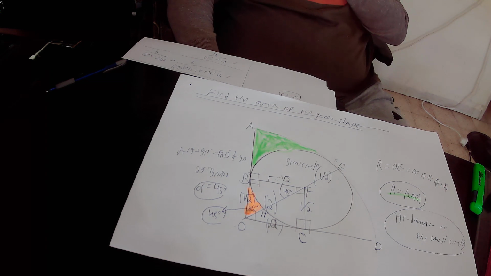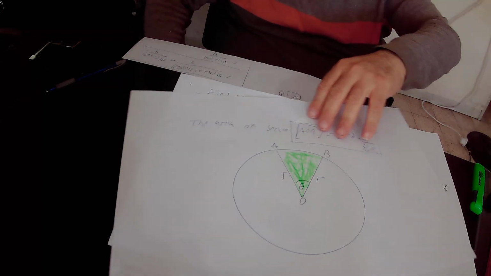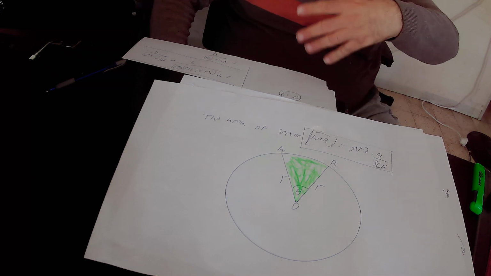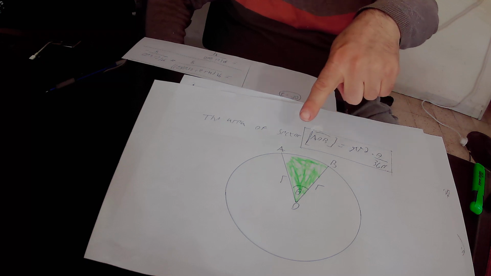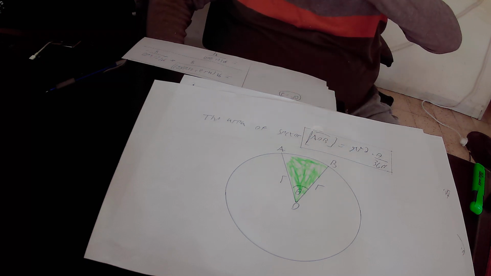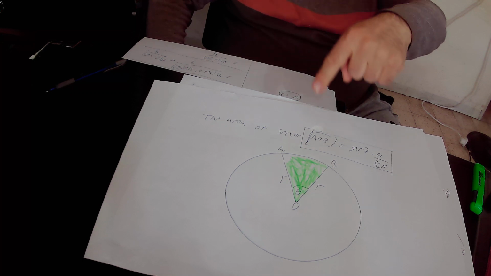Then I presented to you the definition of a sector. First of all, what is a sector? A sector is a part of a circle. Here, this shape, AOB, is a sector. You can see a sector as a slice of a cake.